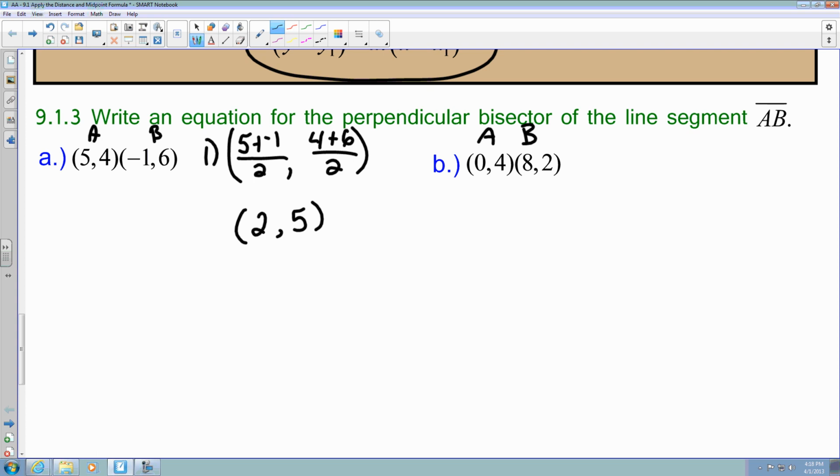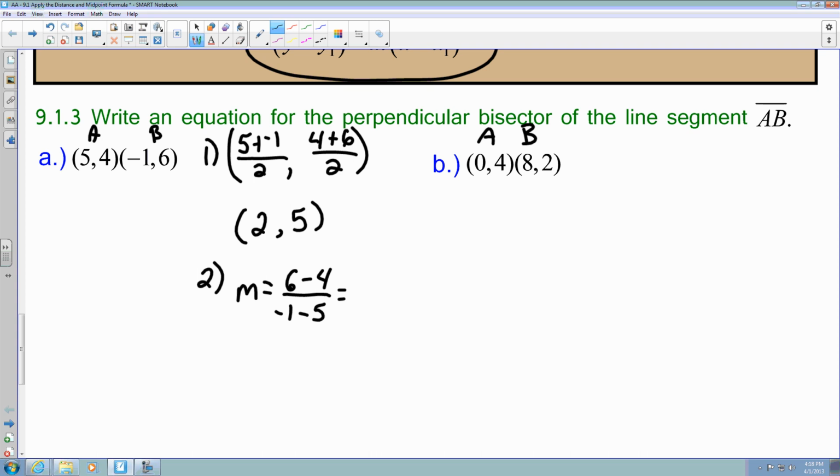Next thing, step 2, is I need to find the slope of AB. And how I can do that is take m and go 6 minus 4 divided by negative 1 minus 5.